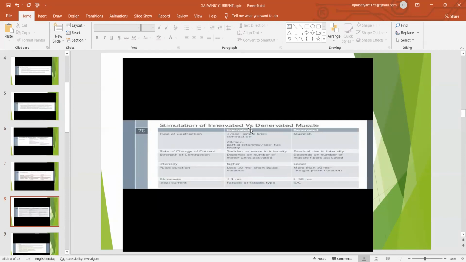Stimulation of innervated versus denervated muscles. Type of contraction: innervated muscle gives a single brisk contraction, denervated muscle a sluggish one. Rate of change of current: sudden increase in intensity or gradual rise in intensity.